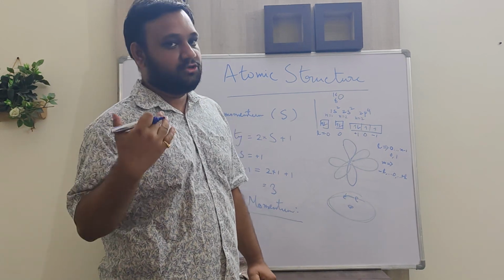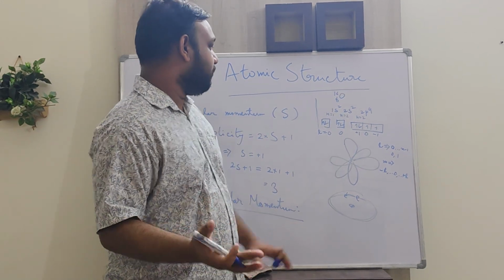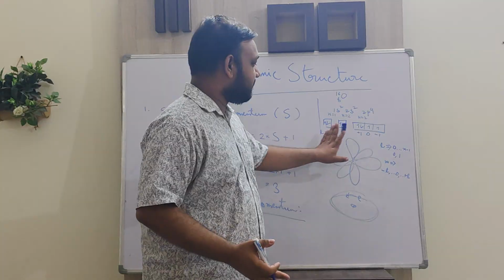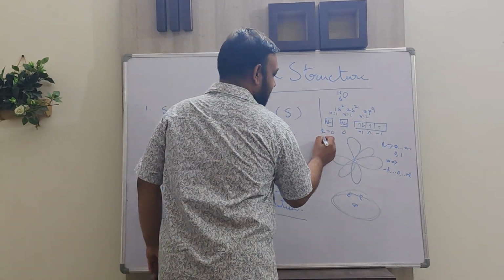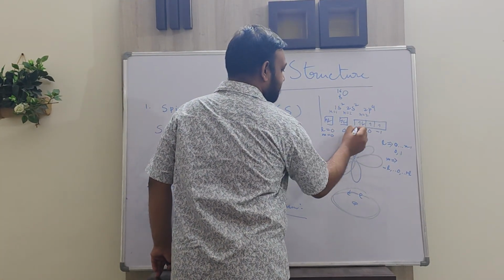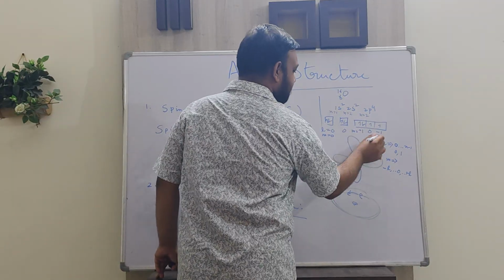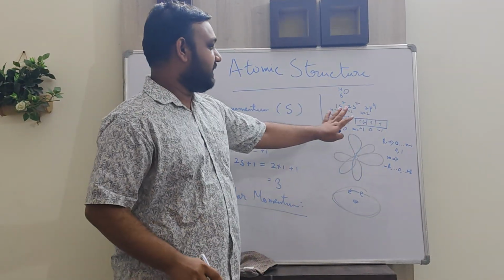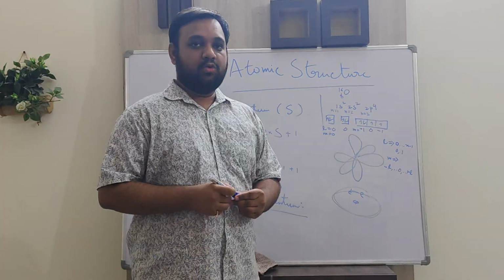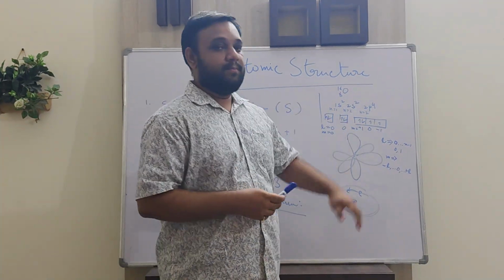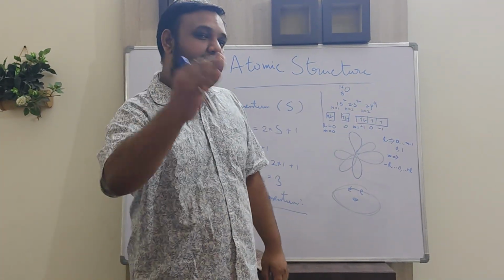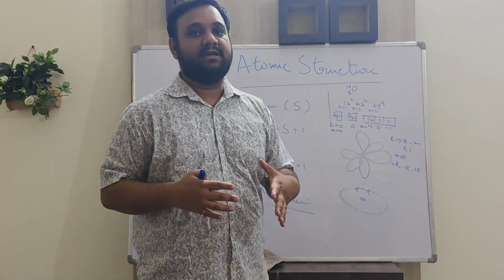Now I am just going forward to let you know the values. Here L is 0, M is 0, but here the magnetic quantum number has 3 different values, plus 1, 0, minus 1, which represents the angular momentum in the presence of a magnetic field.